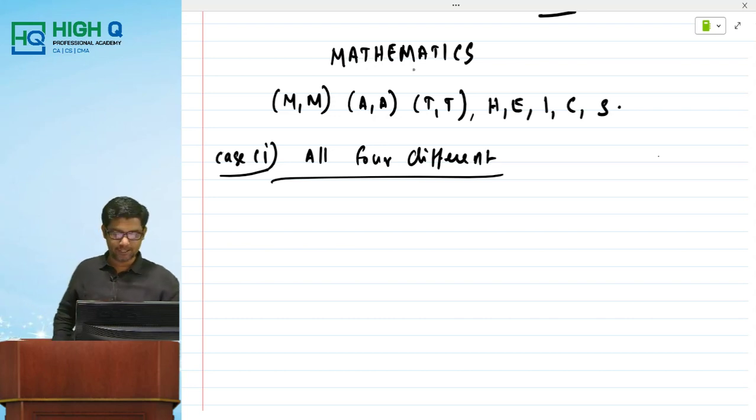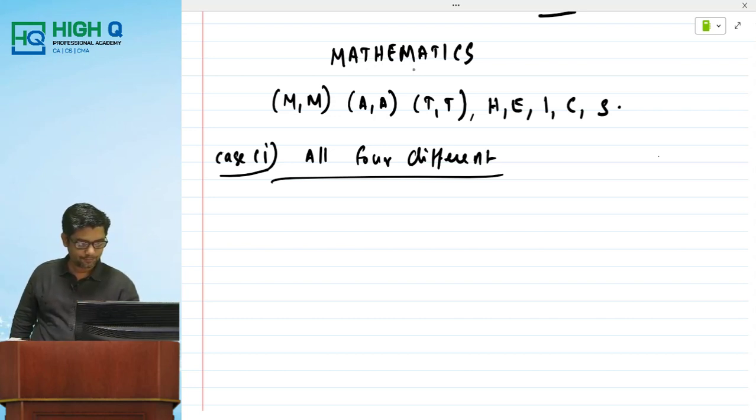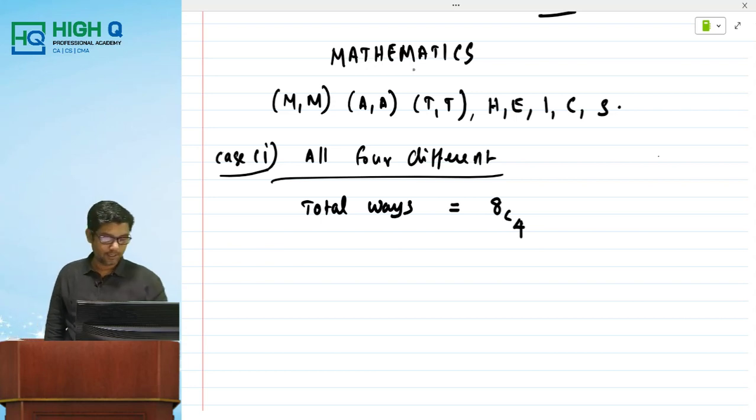How many are there? 8. So all 4 are different. Total ways: out of 8, 4 to be selected. What is 8C4? 8 into 7 into 6 into 5 over 4 into 3 into 2. 4 twos are 8 is cancelled. 70.